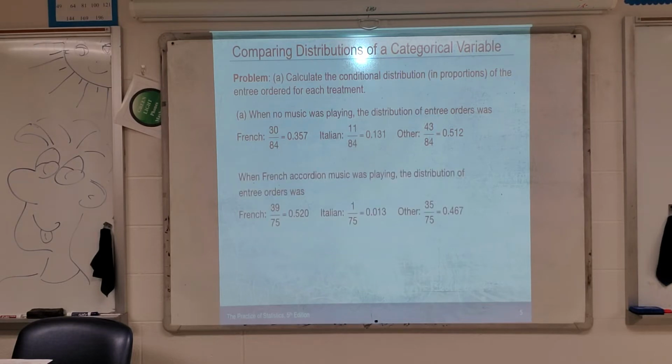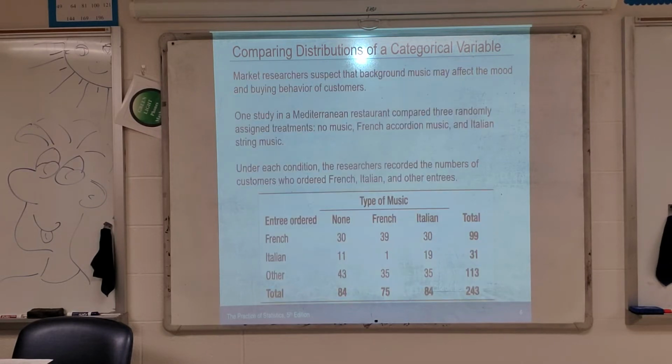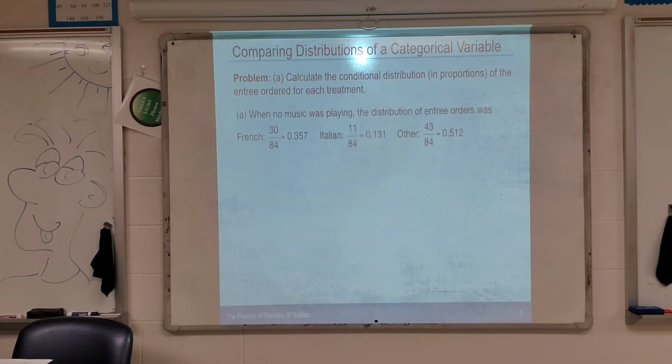When the French accordion music was playing, the distribution of entree orders was, now these are out of 75, because if you go back to the table, 75 people were listening to French music. Okay? And so there's those distributions.